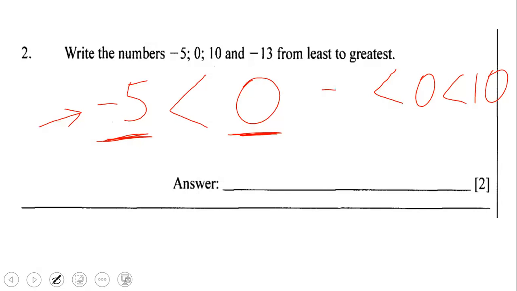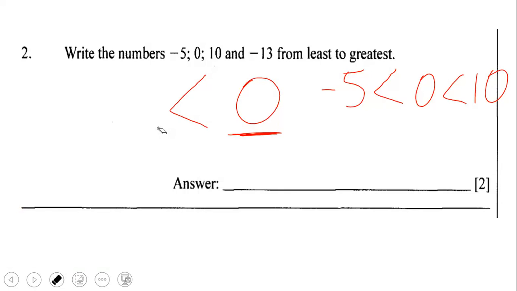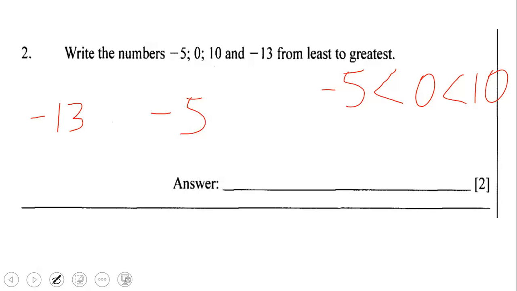Let us look at -5 and -13. We're looking at the two numbers -13 and -5. Which one is bigger? Which one is the greatest out of these two numbers?